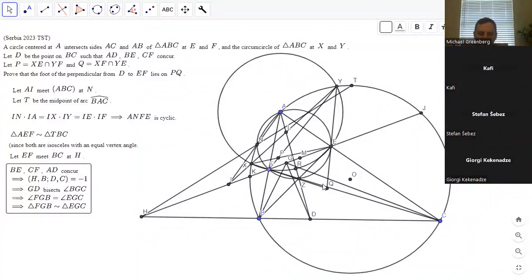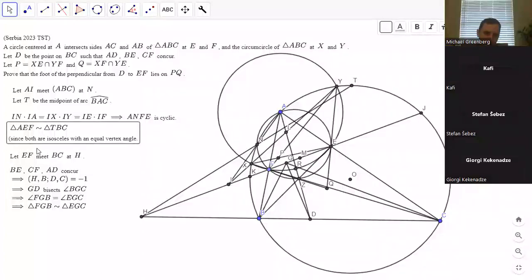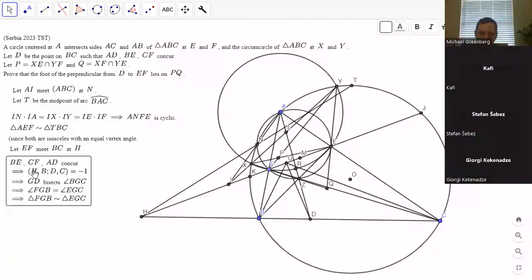Which means FG, but then we have NFB is similar to NEC.